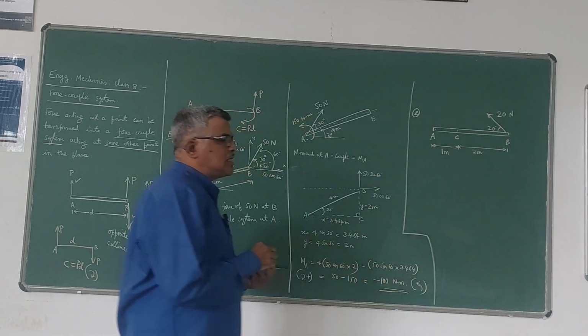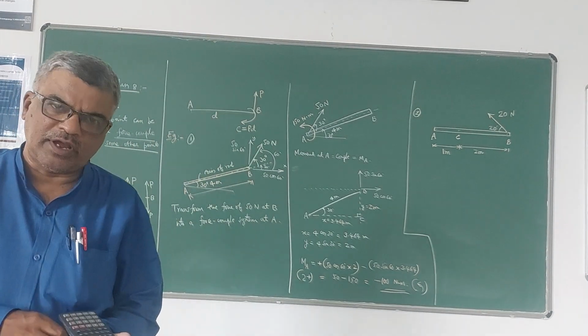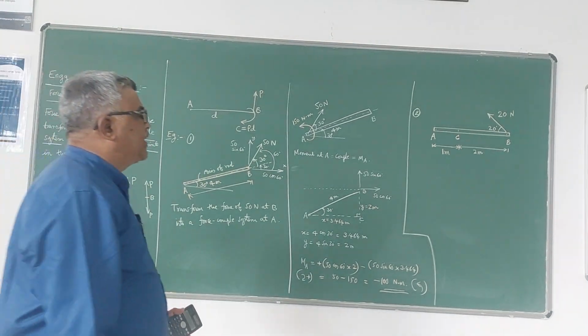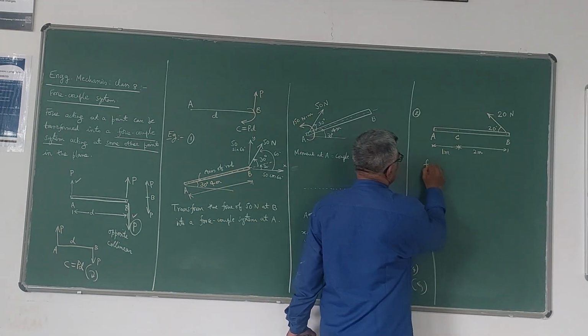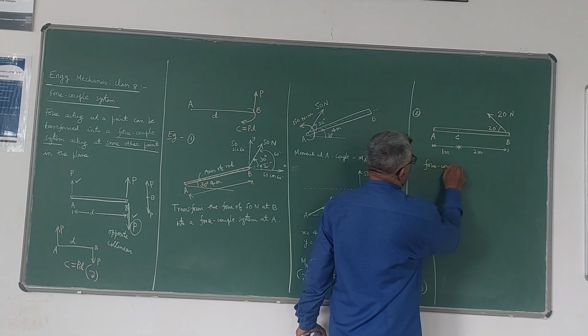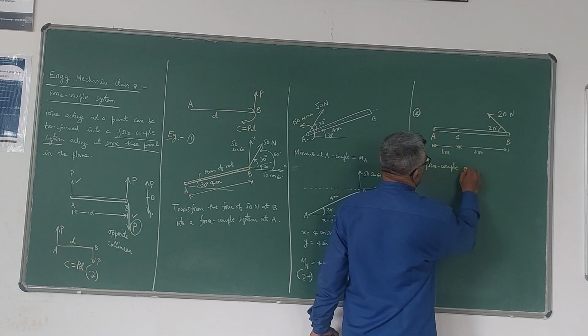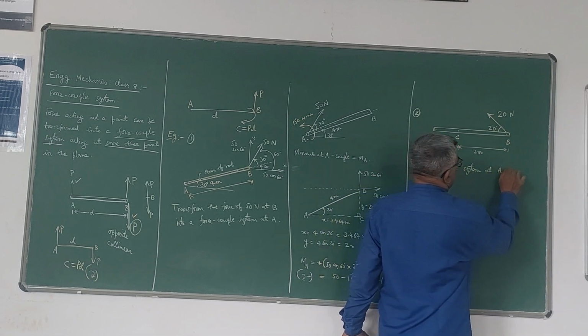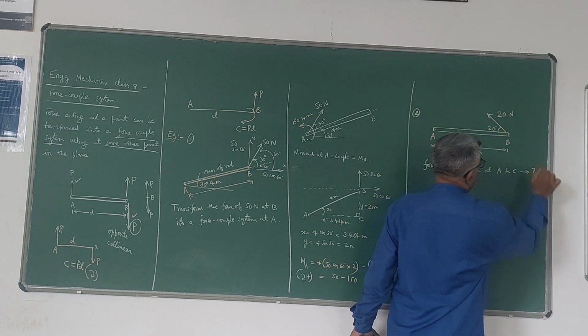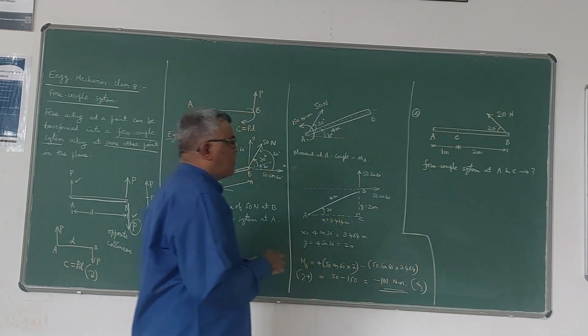Now the question here is: transform the force given at B to a force couple system at A as well as at C. Force couple system at A and C.